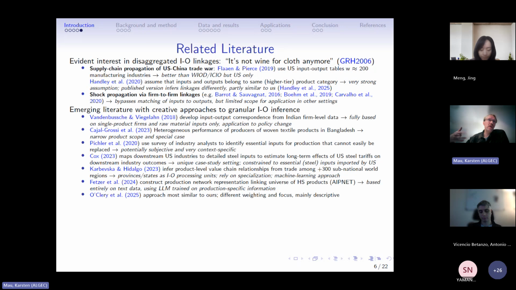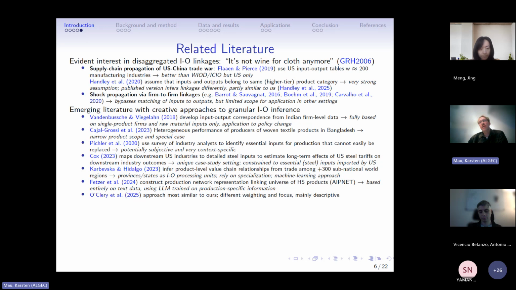We are building on a very active, emerging, and increasingly dynamic literature, where scholars try to infer input-output linkages or production networks. I think the first paper in the second list of bullet points, by Hilke, is similar to ours.